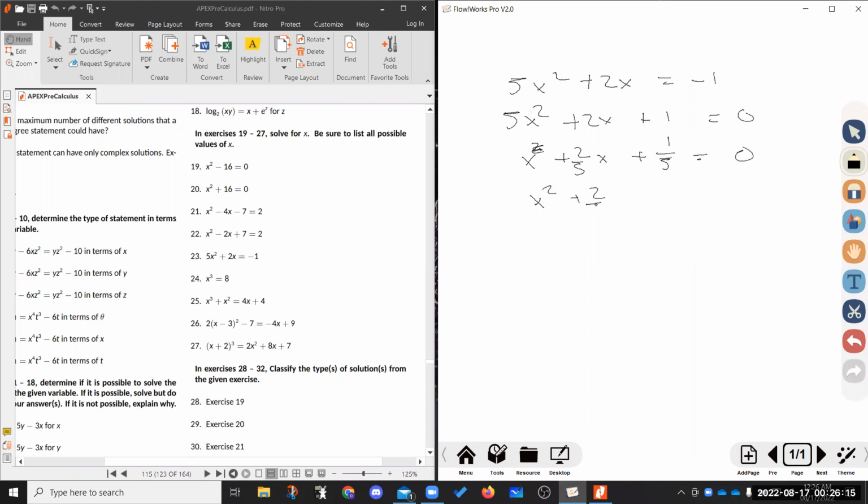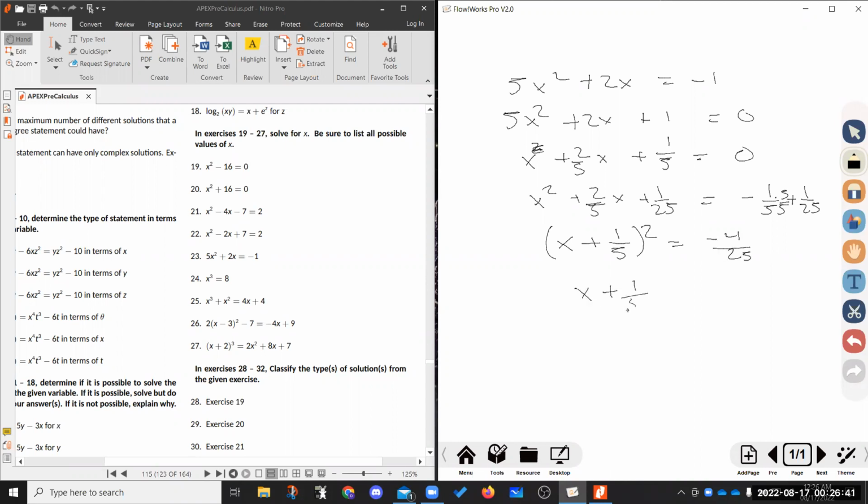X squared plus 2/5 x minus 1/5. Half of the middle number squared is 1 over 25. So this is x plus 1/5 squared. This will be times 5 over 5. 1 minus 5 is going to be negative 4 over 25.